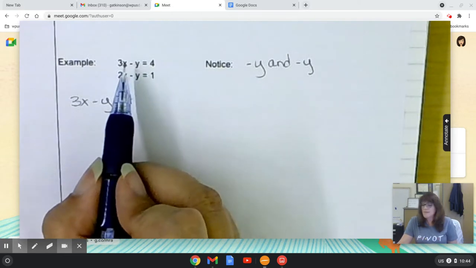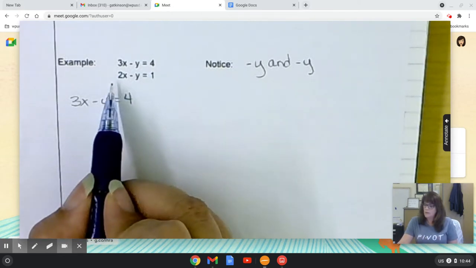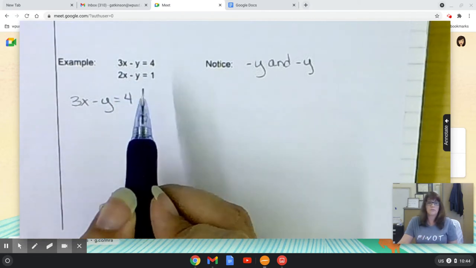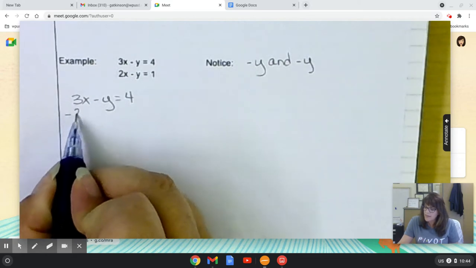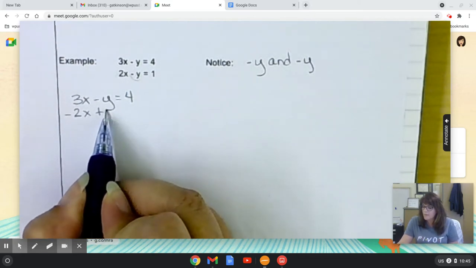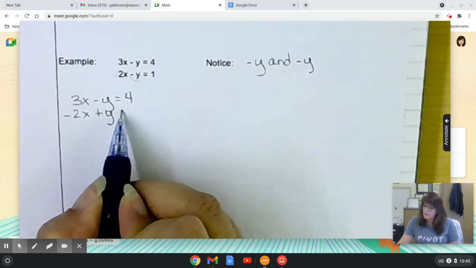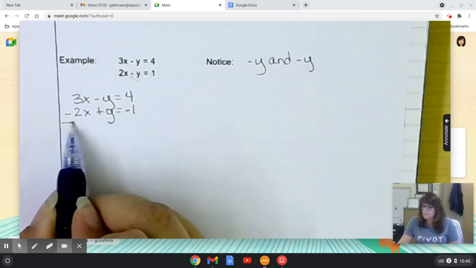I chose that because the numbers are larger. And if I'm going to turn a bunch of things negative, I wanted to go with the smaller values. That's the only reason. So now instead of 2x, I have negative 2x. Now instead of negative y, I have positive y. And now instead of 1, I have negative 1.